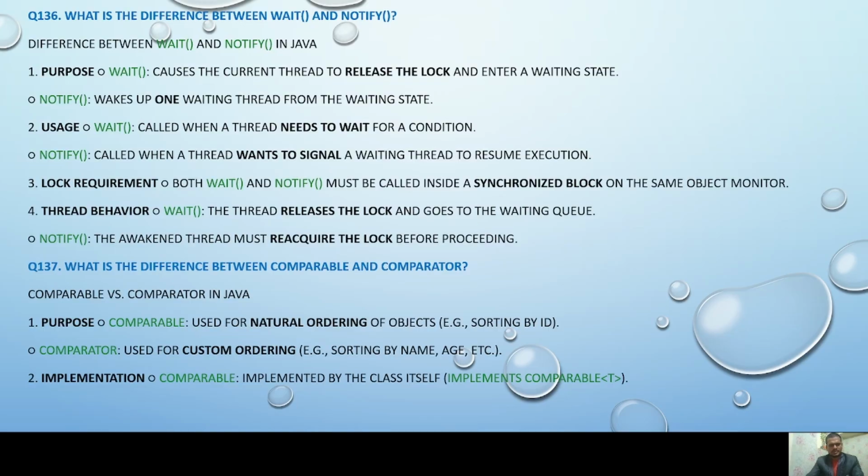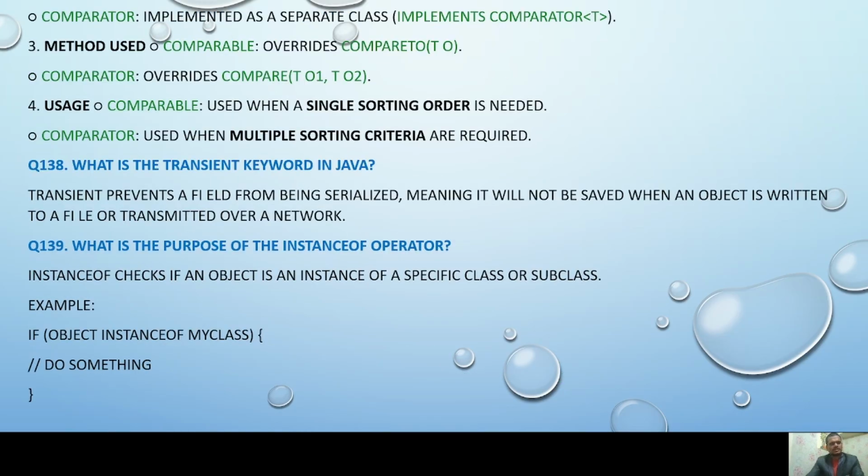Implementation of Comparable: it is implemented by the class itself. Implements Comparable<T>. Comparator is implemented as a separate class. Implements Comparator<T>.